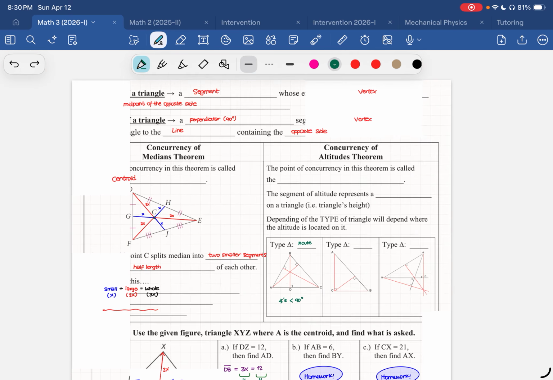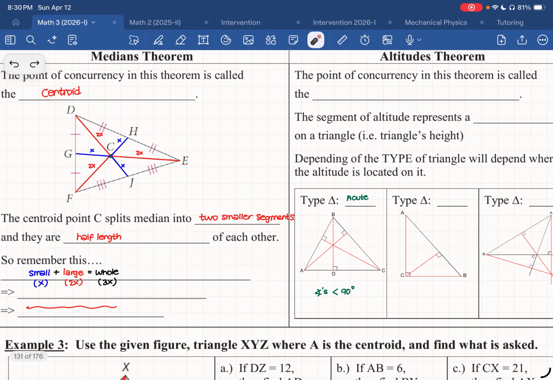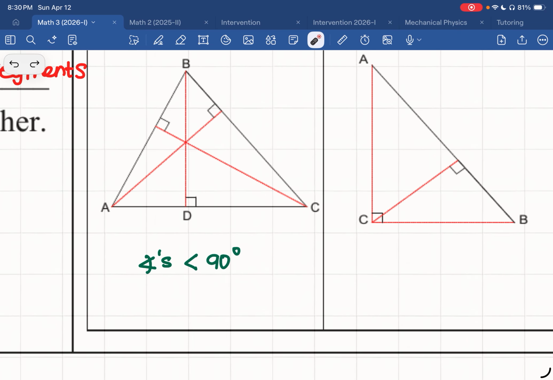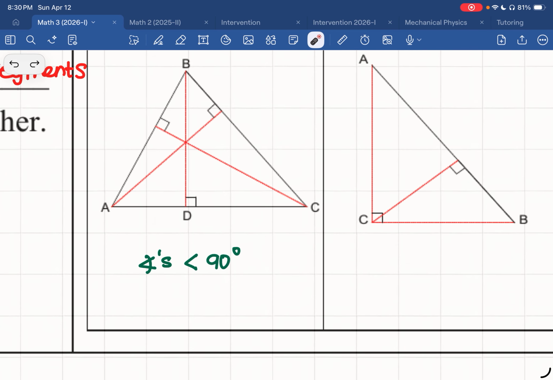Again, let's read this. The altitude of a triangle is a perpendicular segment from a vertex to the line containing the opposite side. So this is one vertex and it's a perpendicular line to the opposite side. What does perpendicular mean? That forms a 90 degrees angle, right?